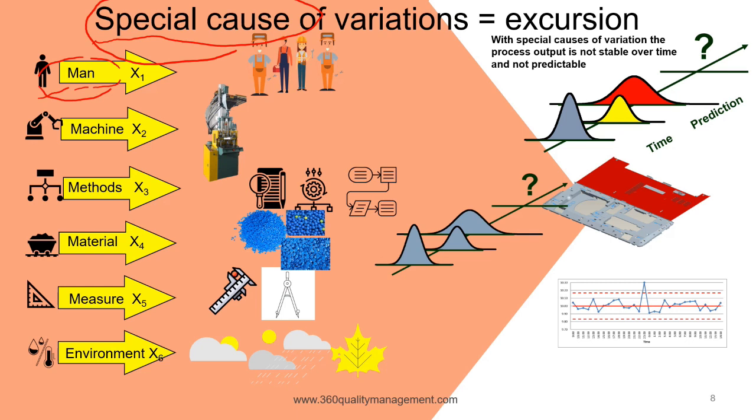It could be that suddenly there are untrained operators. For the machine, it could be that a different type of unqualified machine was used for the product itself. For the methods, there could be changes in the SOP, or there is no work instruction that has been approved.